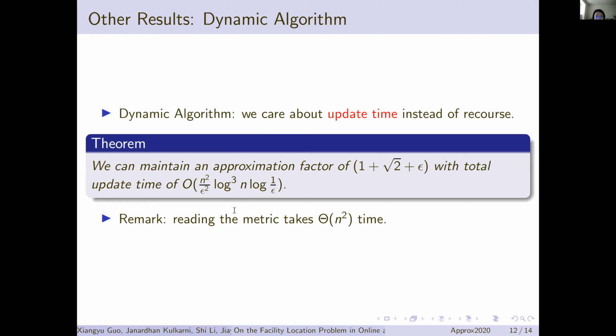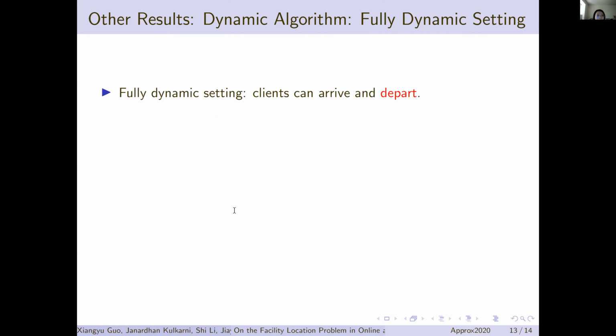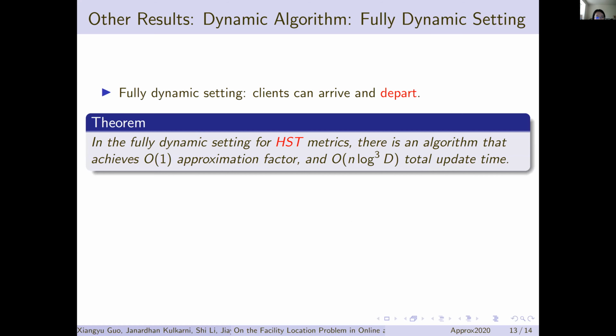That's for this algorithm. Finally, we consider the fully dynamic setting, which means the clients can arrive and depart. And we can prove in this setting for the HST metric, there's an algorithm that achieves a constant approximation factor and big O of n log cubed D total update time.